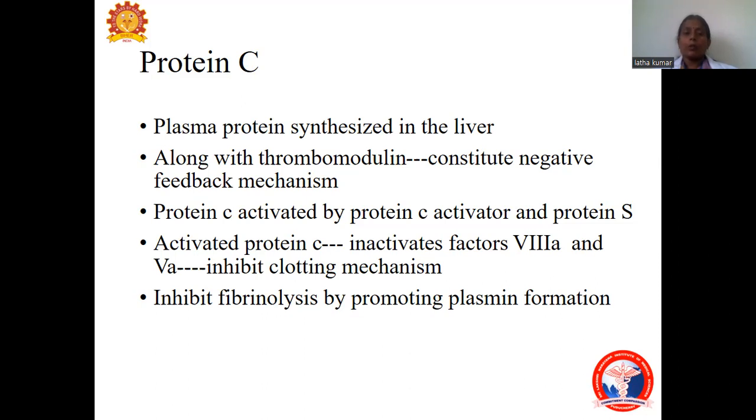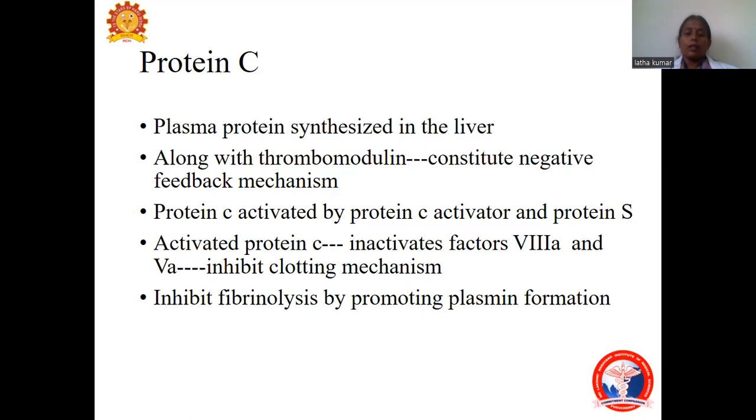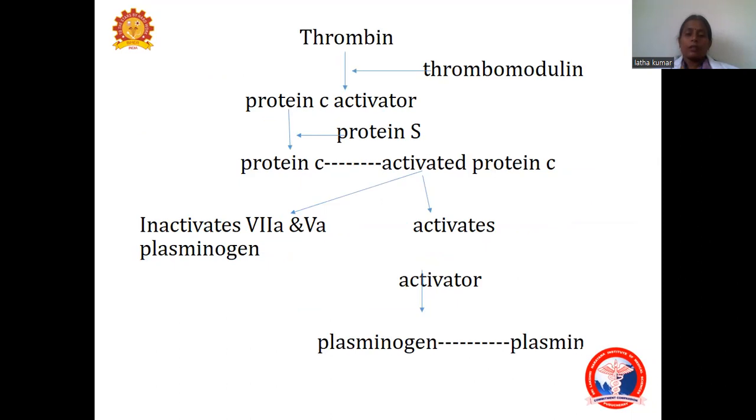That protein C activator acts on the protein C and converts that into activated protein C. What it will do, it inhibits the... oh, sorry, it activates the conversion of plasminogen into plasmin.